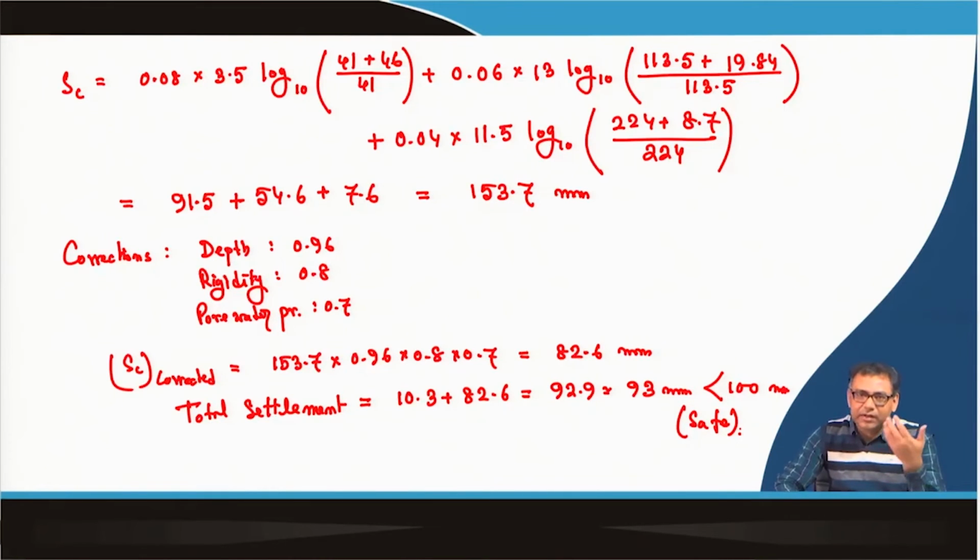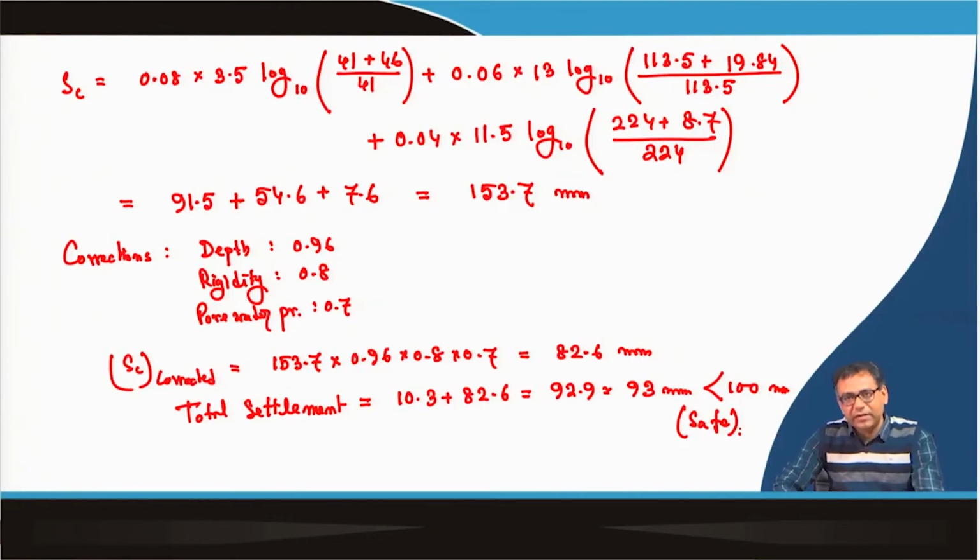Considering the soil structure interaction, you can see whether the settlement that you get without considering the soil foundation interaction and the settlement that you get considering it are close or not. So that check also you can do.